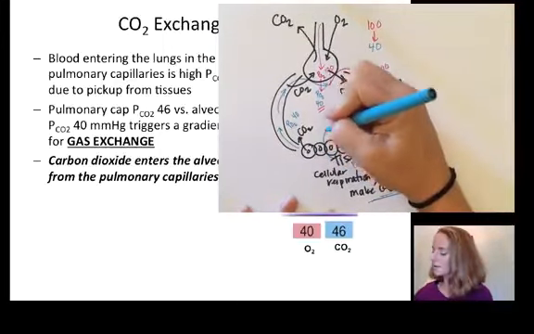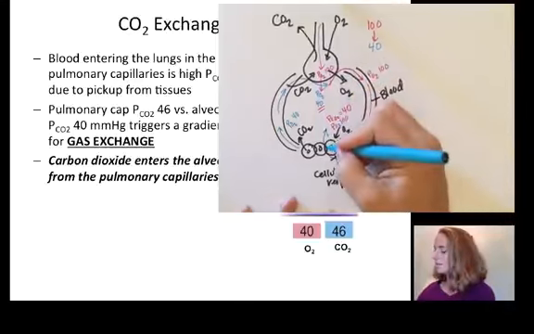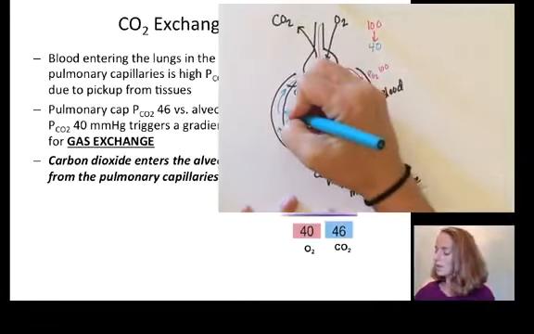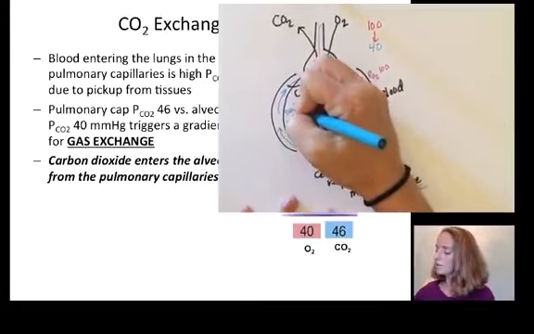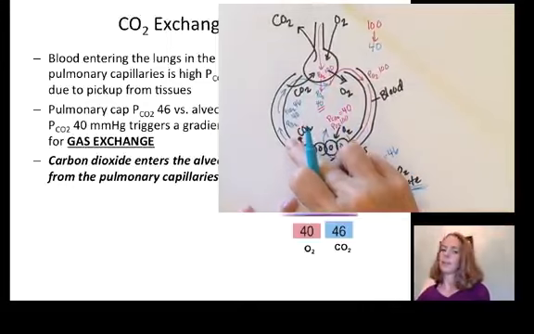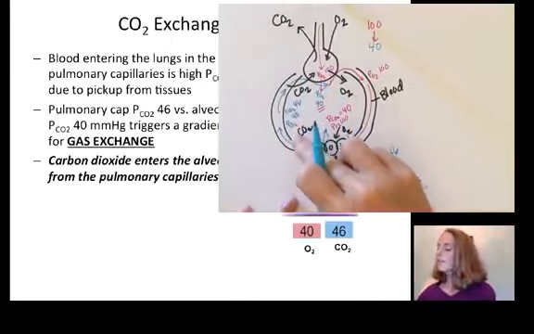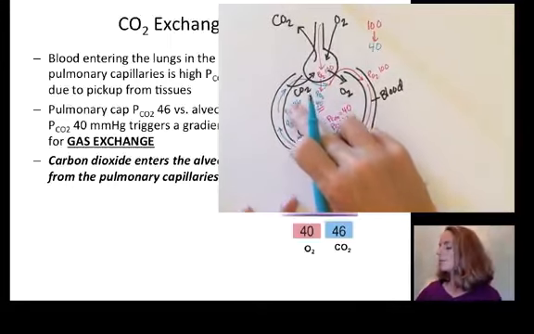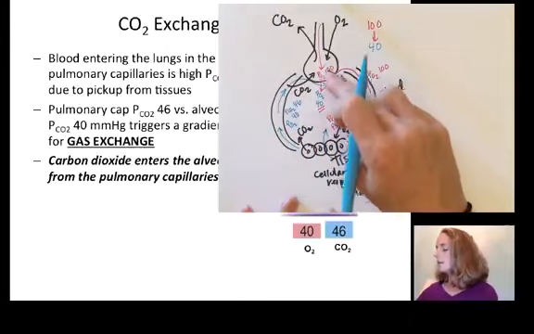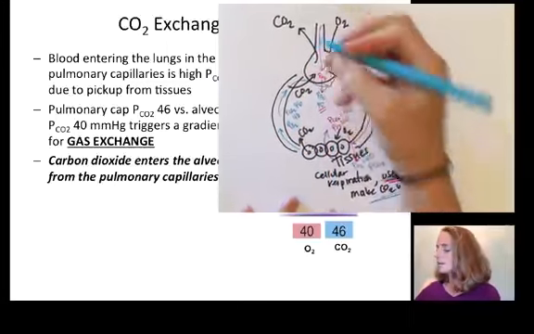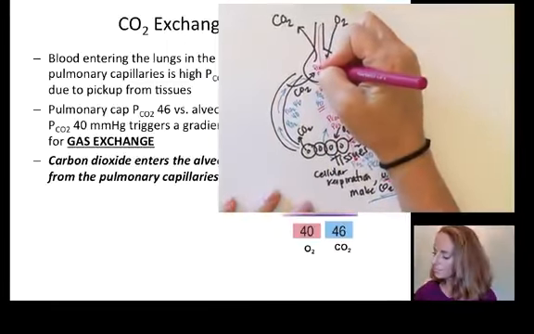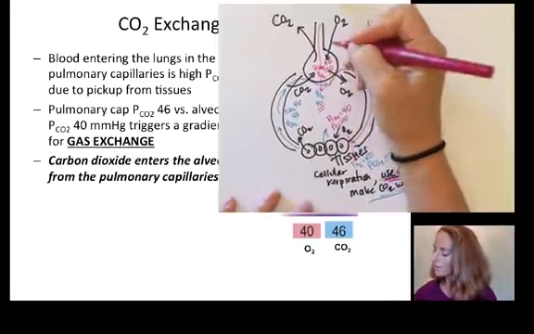Carbon dioxide is going to enter the systemic capillaries and give us a PCO2 of 46 in the systemic capillaries. From there, that PCO2 of 46 will get delivered to the lungs, where the lungs have a low PCO2 of 40.